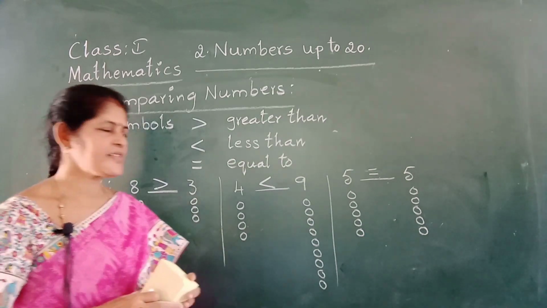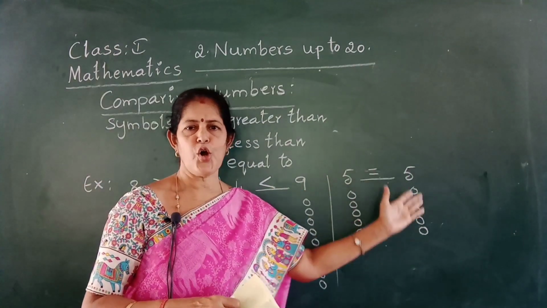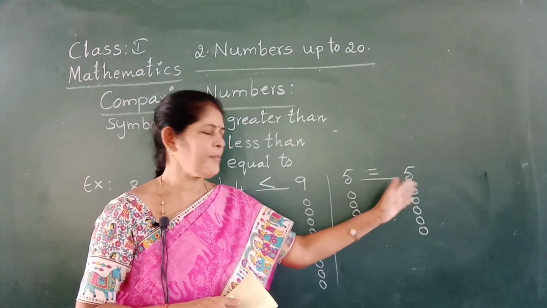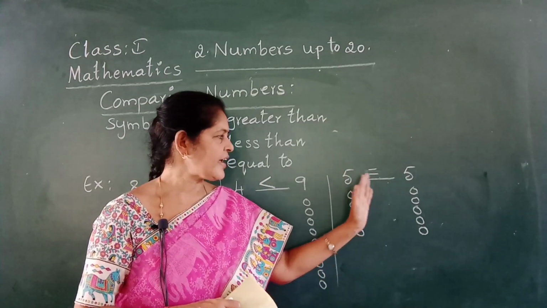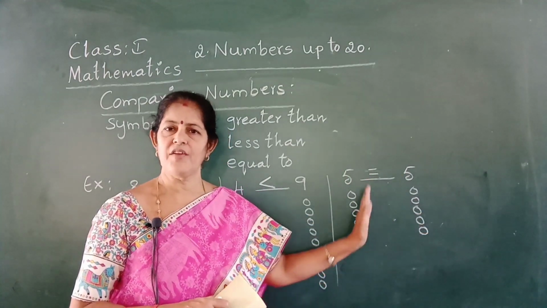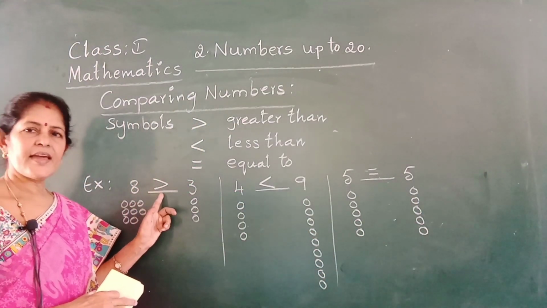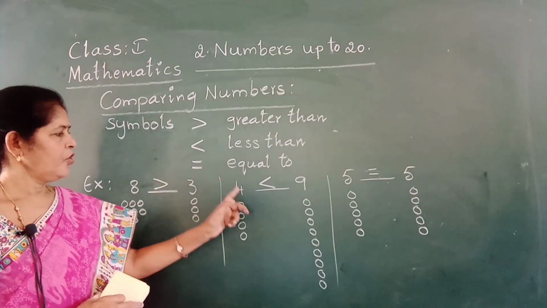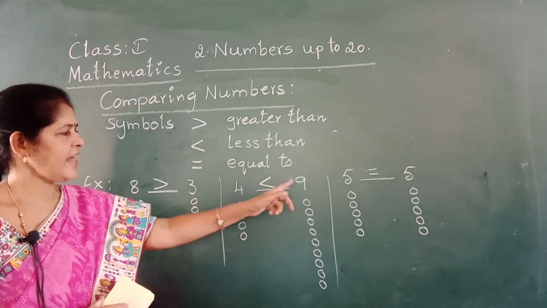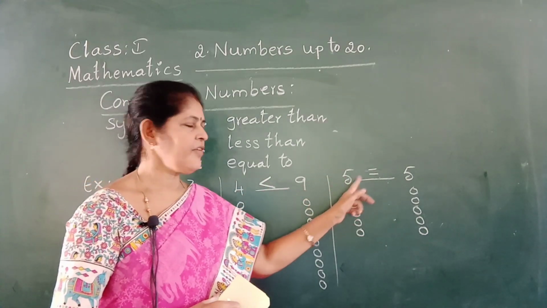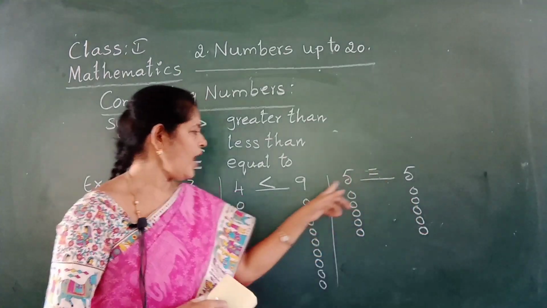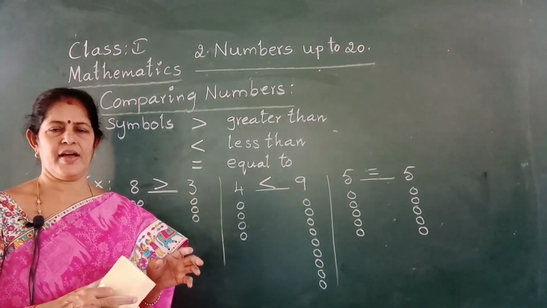No comparison, no big number, no small number. Both the numbers are the same. 5 equal to 5. 8 is greater than 3. 4 is less than 9. 5 equal to 5. All are one digit numbers.